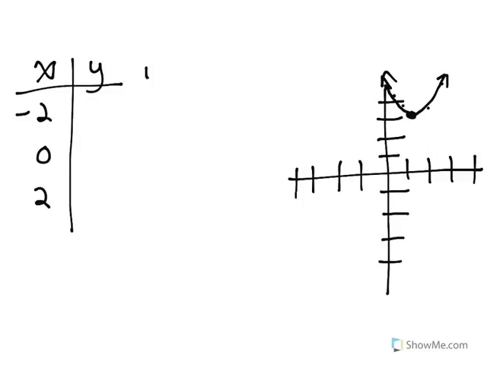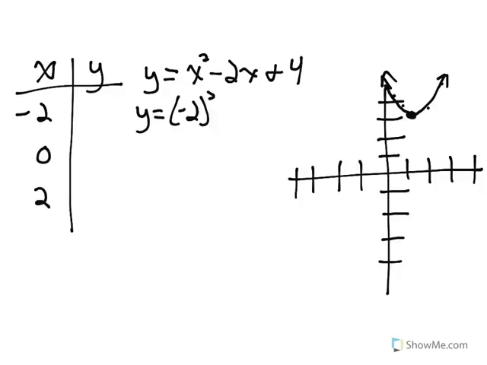Our original equation was y equals x squared minus 2x plus 4. If x is negative 2, we have y equals negative 2 squared minus 2 times negative 2 plus 4, which gives us 4 plus 4 plus 4.